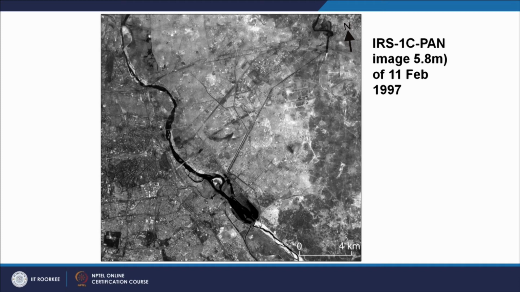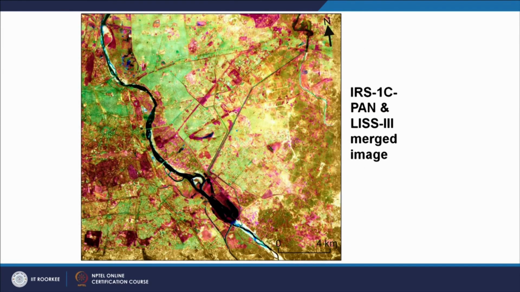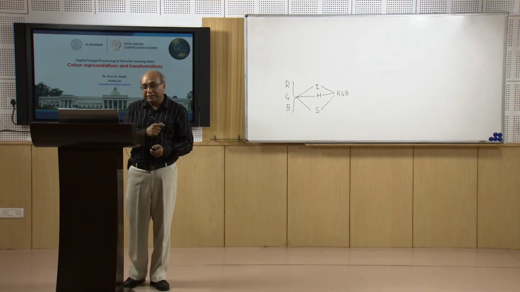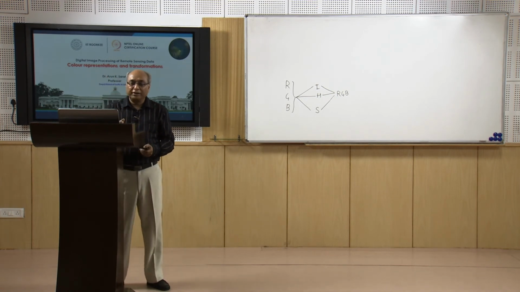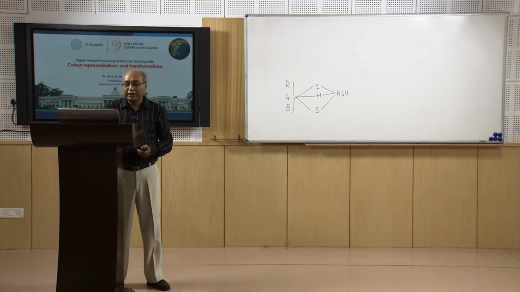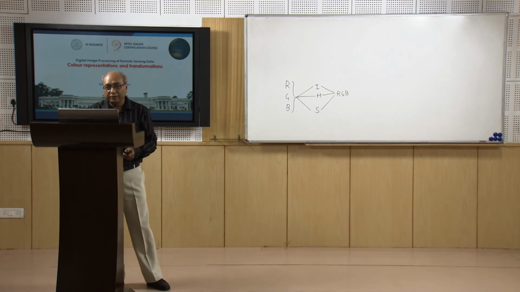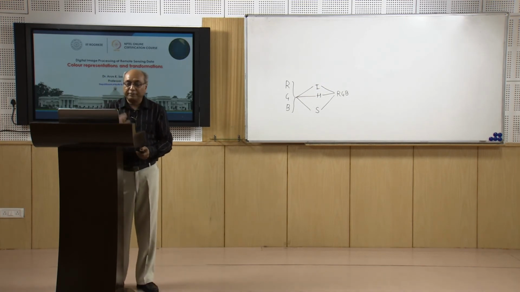So the main purpose here is to use the best quality of both and create a new product, and this is how the product looks, which is now at 5.8 meter resolution and in colors as well. The simple PAN image didn't have colors, and your LISS 3 didn't have the resolution but had the colors, whereas this merged image, or fused image, or pan-sharpened image has both.